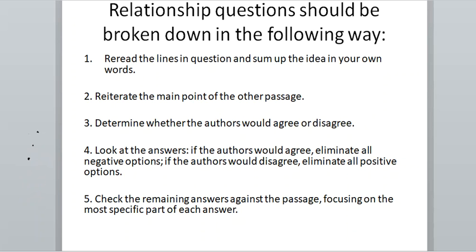Last but not least, you should look at certain parts or certain indicators in the answers themselves. Remember, after excluding the positive answers or the negative answers, you dissect or go over each answer that you are left with thoroughly and deliberately. And this is it for relationship and inferencing types of questions.